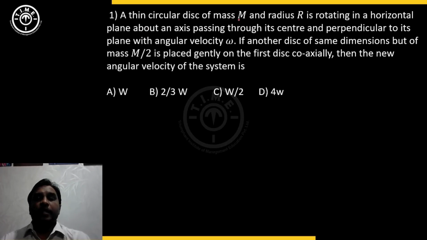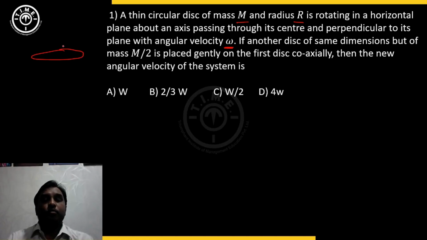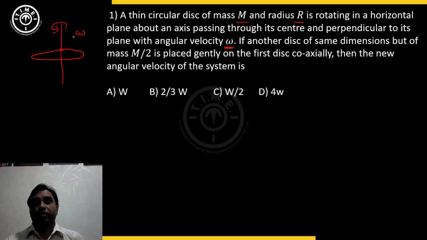A thin circular disk of mass m and radius r is rotating in a horizontal plane about an axis passing through the center and perpendicular to its plane with an angular velocity omega. Like this is the disk whose mass is m, whose radius is r, rotating about its own axis with angular velocity omega. This is the initial situation.